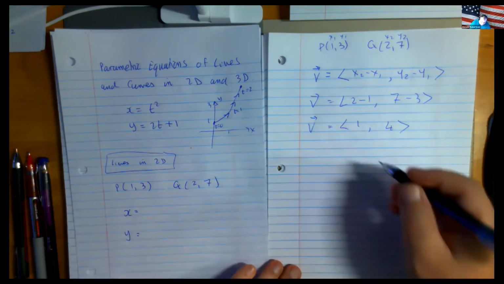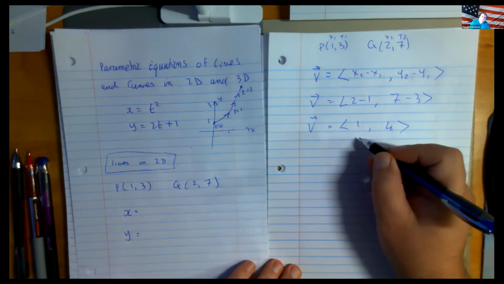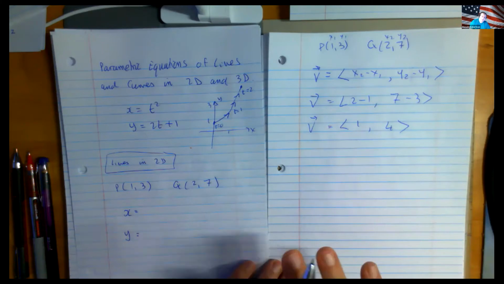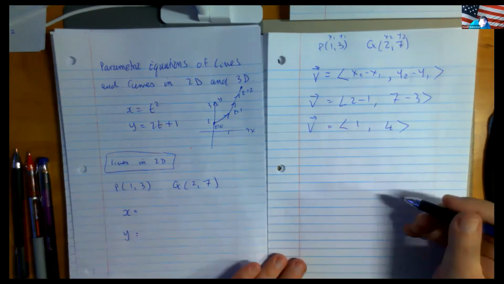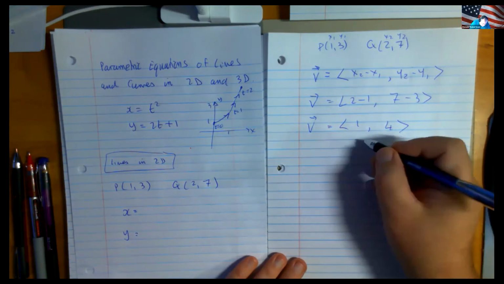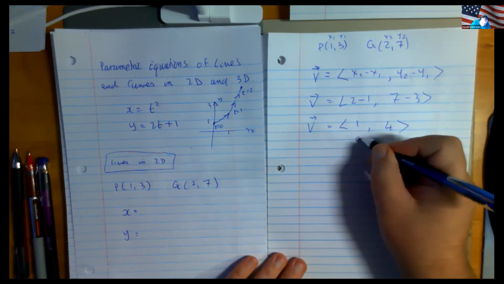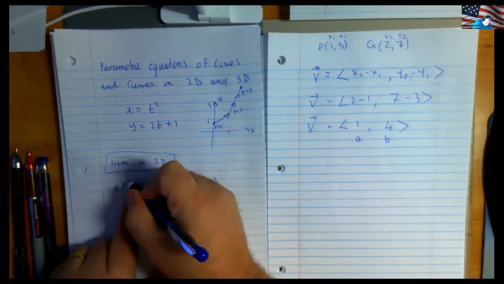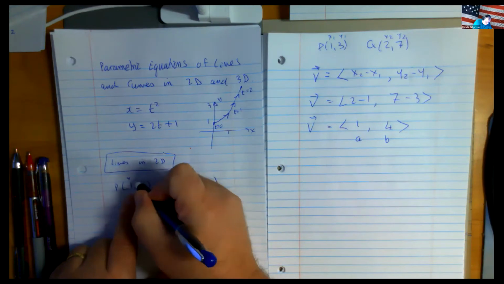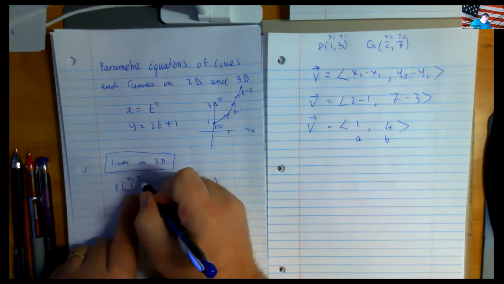Now, I'm going to have to pick letters of the alphabet to use for these. I think they use A and B. Who cares, I can make them any letters. Let's call this A, call this B. The initial point is P, so we'll call that x1, y1.